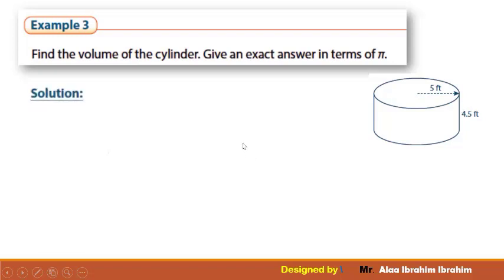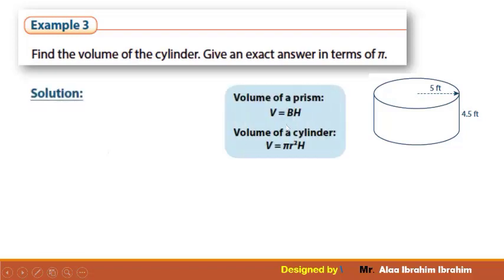The solution: I have to remember my formula, V equals B times H. But my base area now means a circle, so pi r squared. So I change B to pi r squared. So the volume of a cylinder is pi r squared times height. So I replace: my radius is 5, my H is 4.5, and pi.